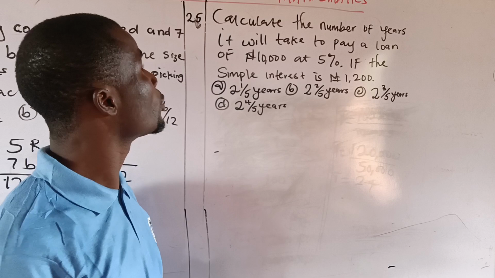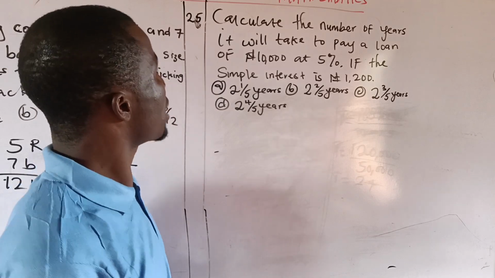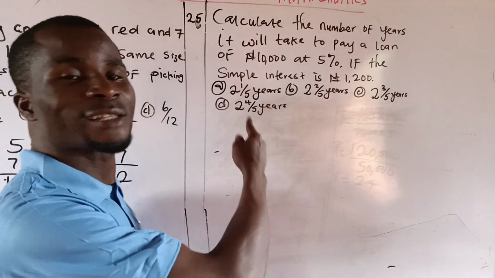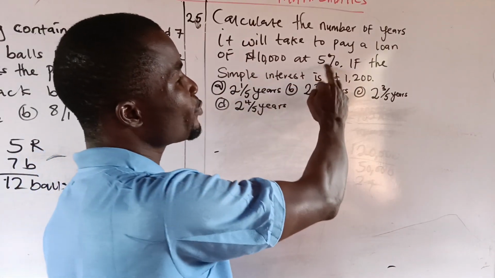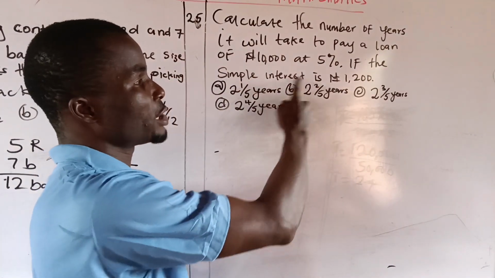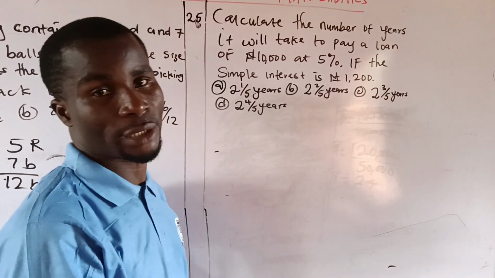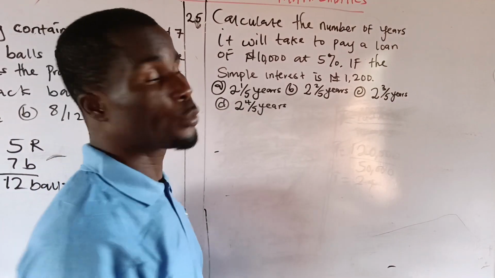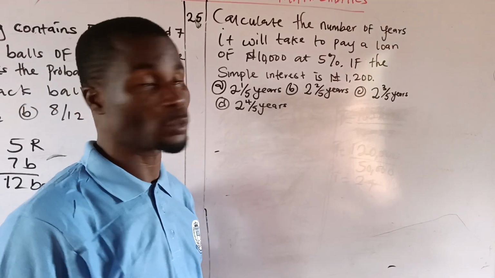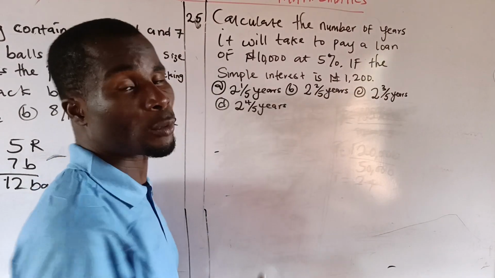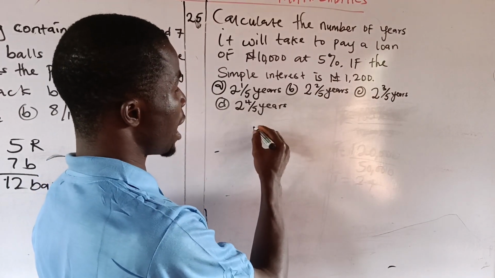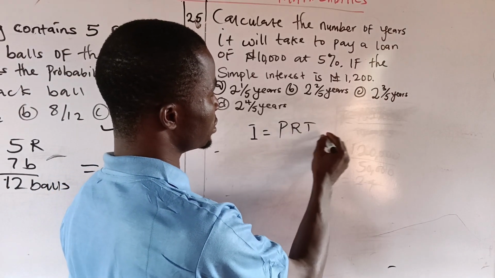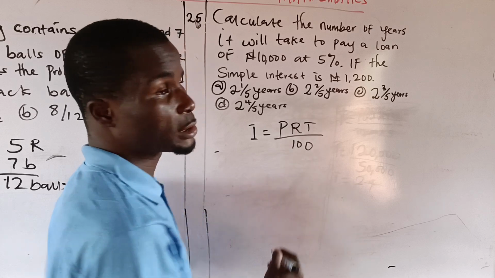Now let's look at question 25. Calculate the number of years it will take to pay a loan of 10,000 naira at 5% if the simple interest is 1,200 naira. Now here are the options. To calculate this, we have a formula for simple interest, which is I equals P times R times T over 100.